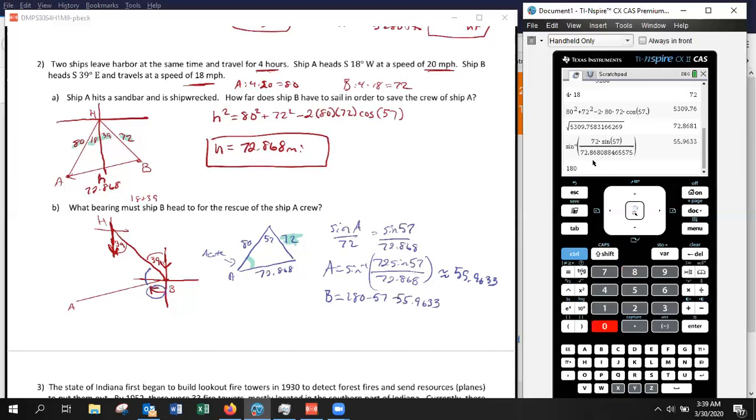Let me type that out: 180 minus 57 minus 55.96. And I get angle B is 67.0367 degrees.